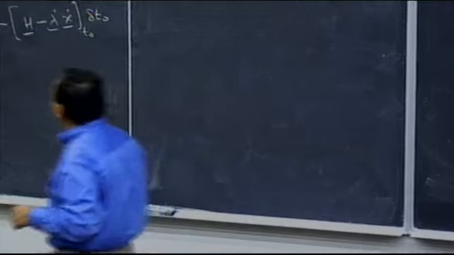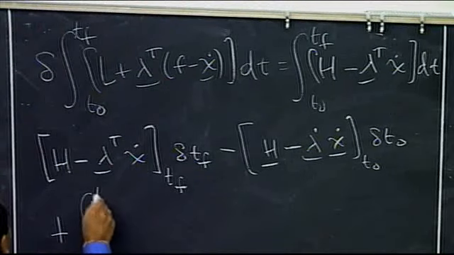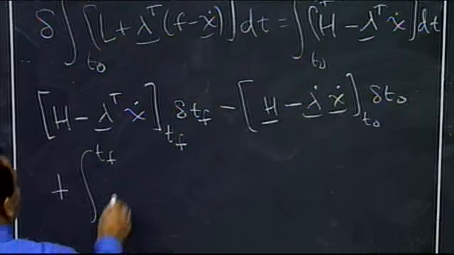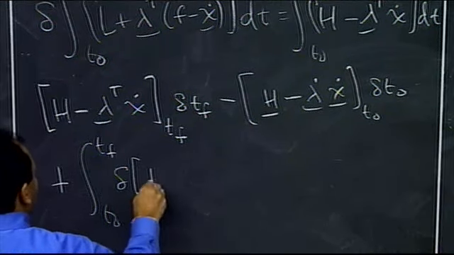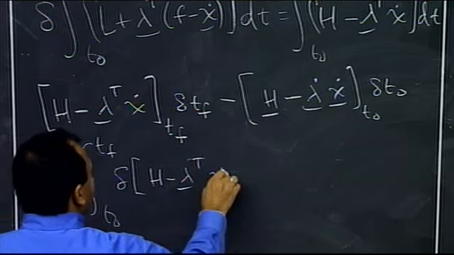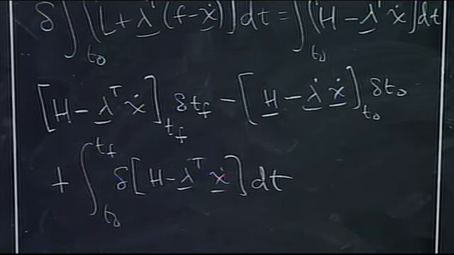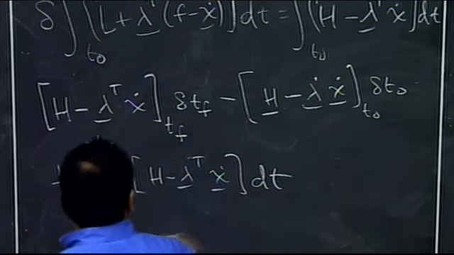Now I've got plus the integral from t0 to tf of the variation in (H minus lambda transpose x dot) dt. All right? So now we're going to do the second part of that variation. In order to do the second part of the variation, we're just going to do this part right here.